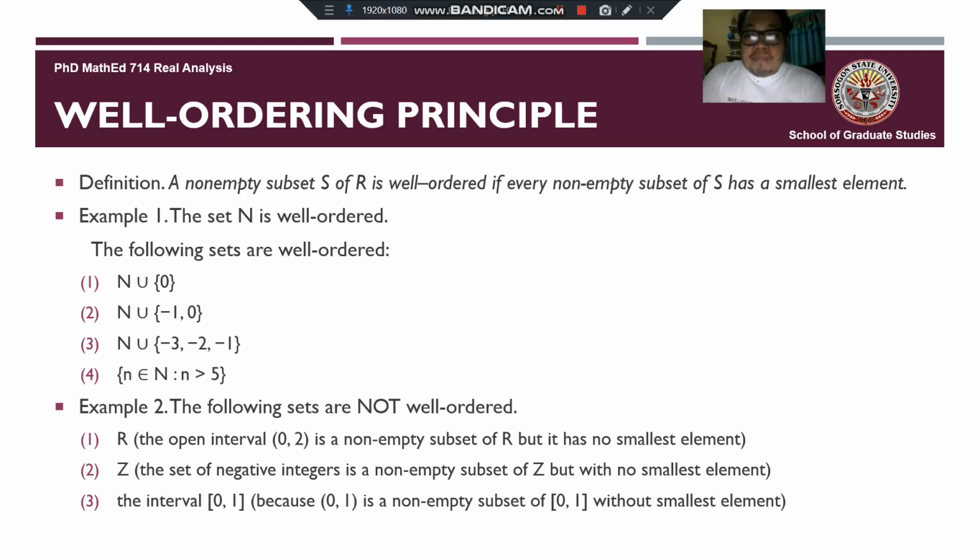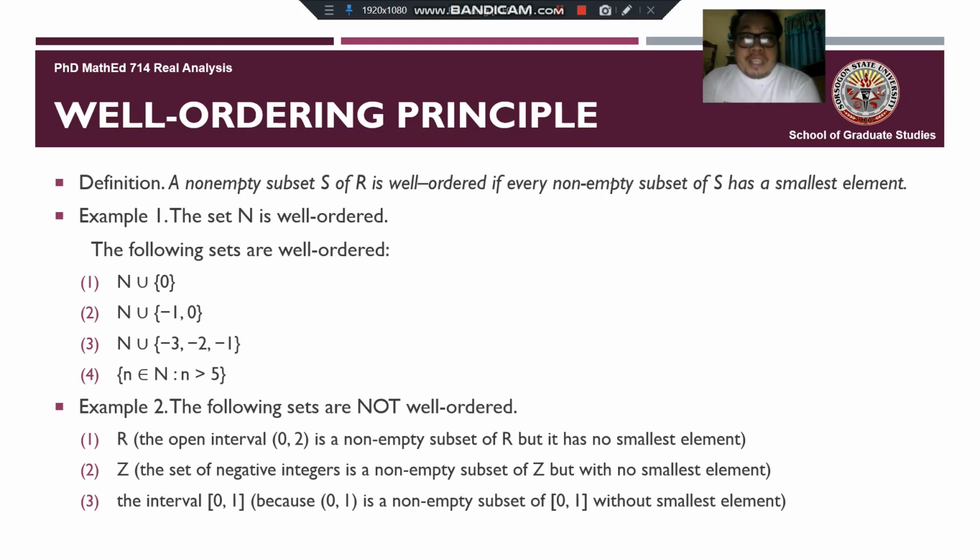Then for number 4, we have a natural number, denoted by lowercase n, which is an element of the set of natural numbers denoted by uppercase N, in which n should be greater than 5. That simply means that we are after the elements which are natural numbers greater than 5.